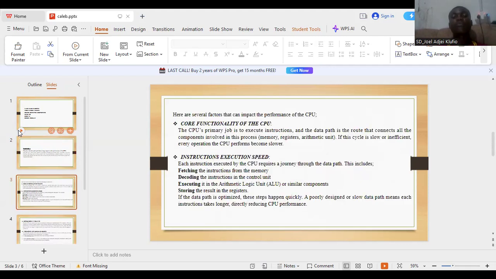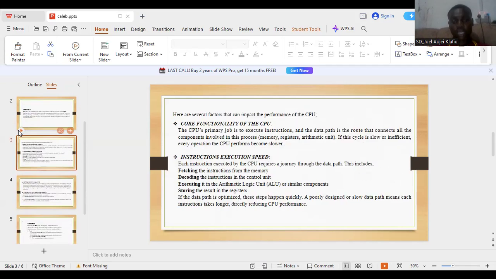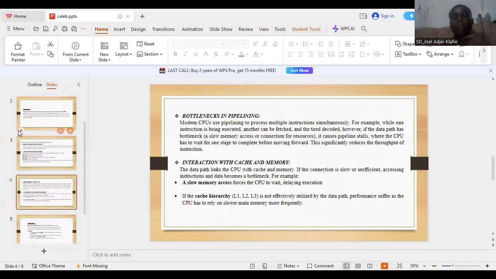Then we have factors that impact the performance of the CPU: the core functionality of the CPU, instruction execution speed, bottlenecks in pipelining, interaction with cache and memory, throughput, and clock speed.